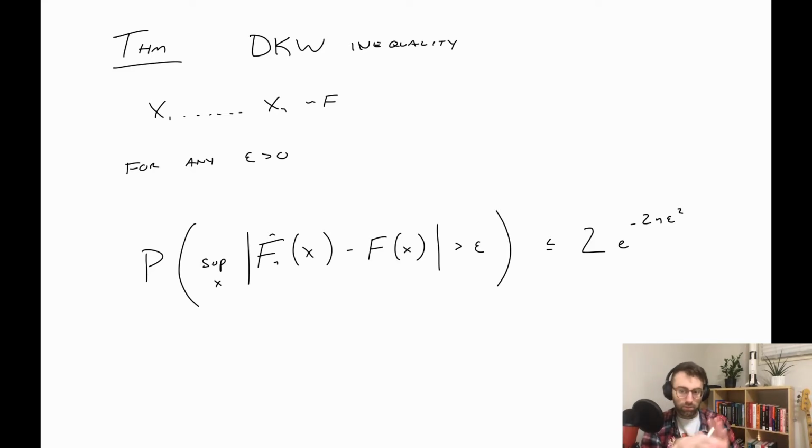And this should make you think back to Hoeffding's inequality. We're going to use this now to create what we call confidence bands for the empirical distribution function.